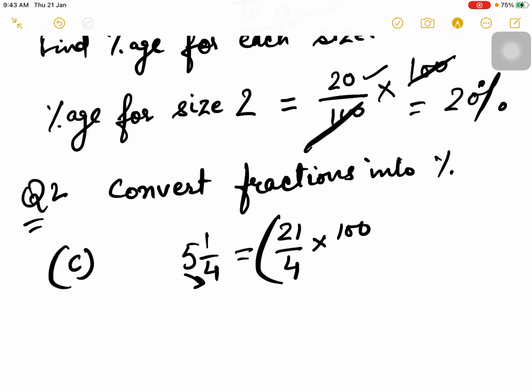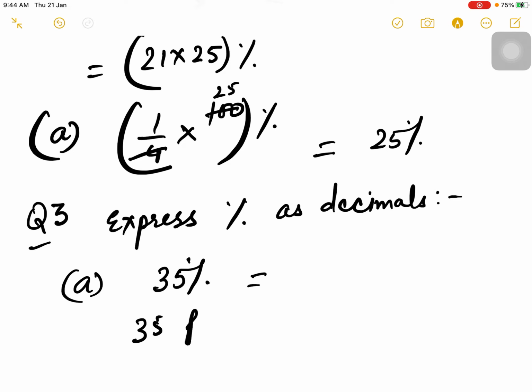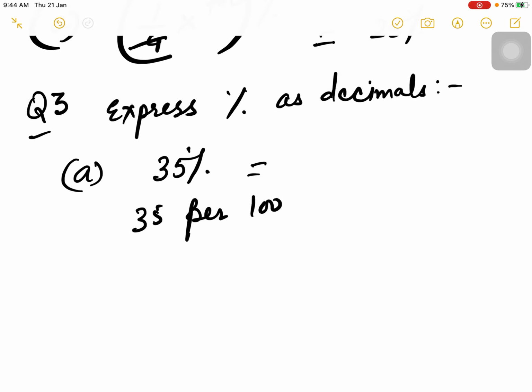Okay. Now question number 3. Express percentage as decimal. Percentage has been given. We have to calculate decimals. We have to express it into decimal. Okay, part A I'm going to solve. It is 35%. Okay, now you have to convert it into fraction. First of all, 35% means 35 per 100. That means 35 out of 100.